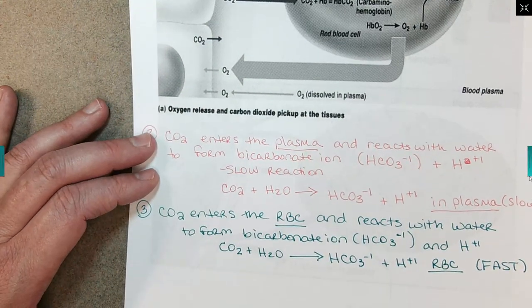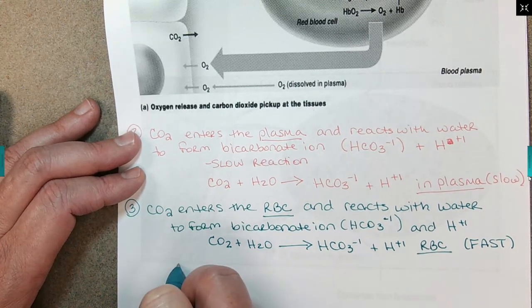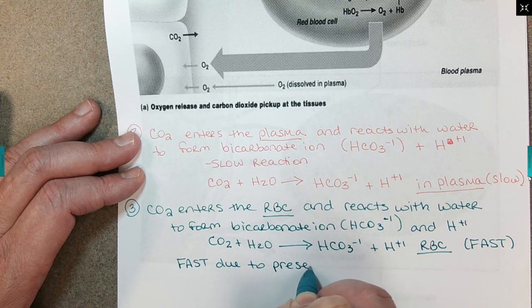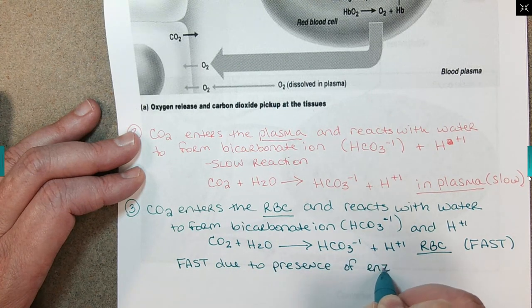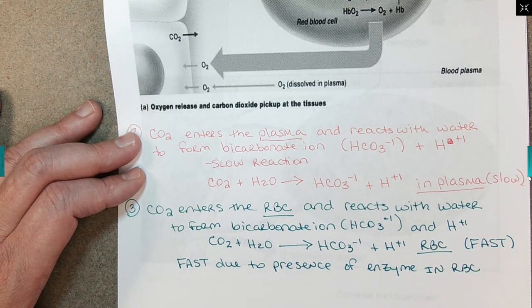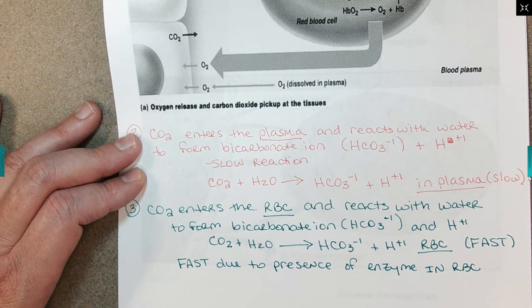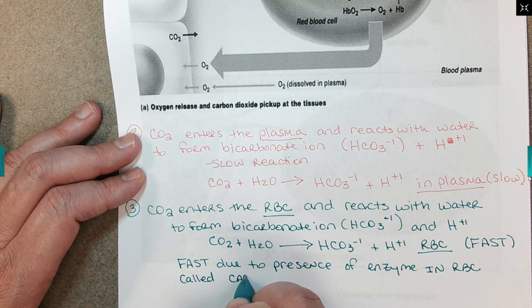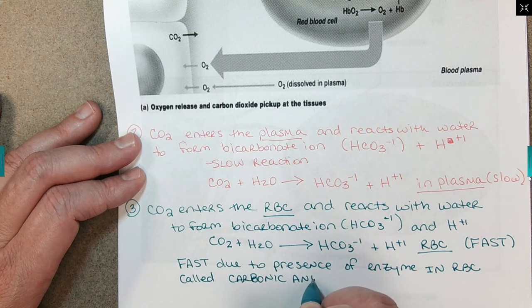It's fast because there's an enzyme inside the red blood cell which allows this reaction to proceed faster, called carbonic anhydrase. So that's the name of that enzyme.